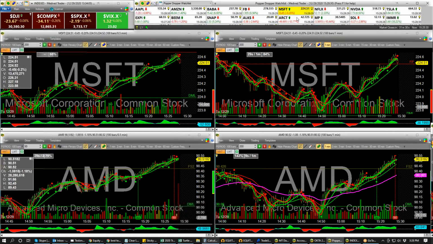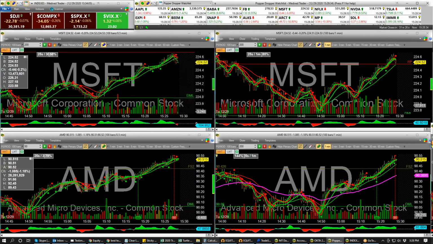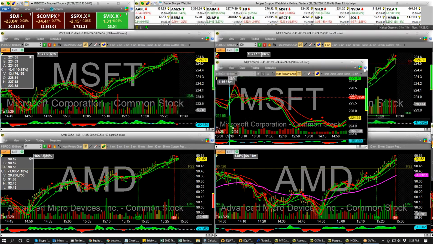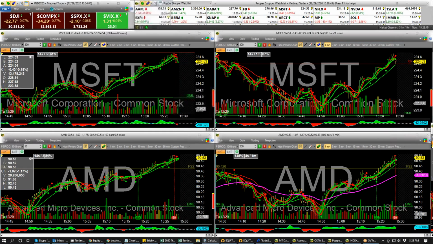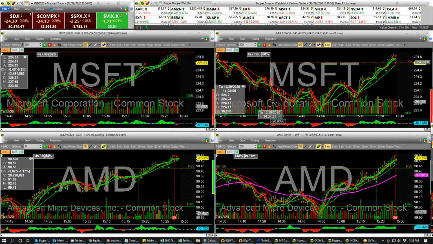All right, so here's one that's just rolling over, but this is counter trend because the 8 is pointing up. Okay, here, let me show you. 8 is green and pointing up. If you go counter trend, oh no, it's probably going to turn around and come back up.